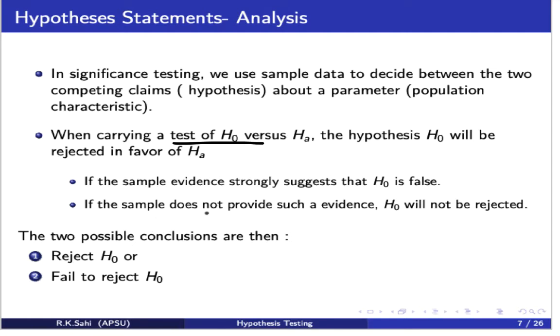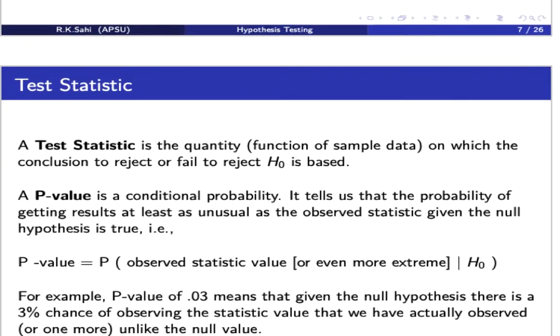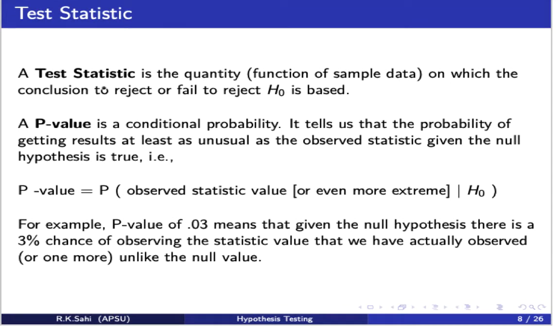But if we find a sample which does not provide such evidence, then the null hypothesis will not be rejected. And in order to do this, we need a test statistic and a p-value.